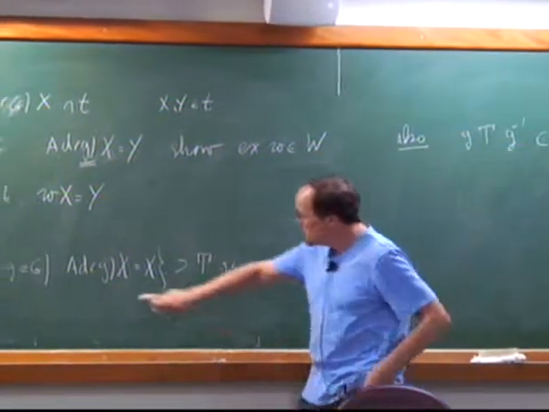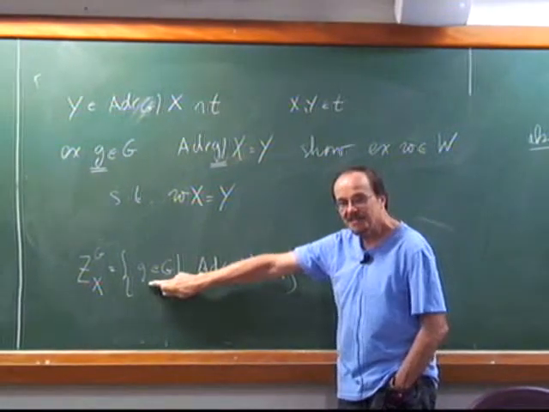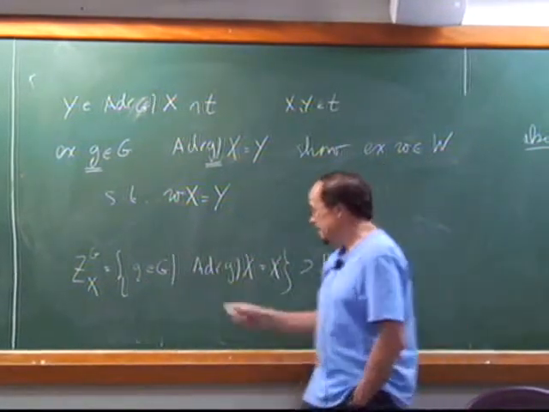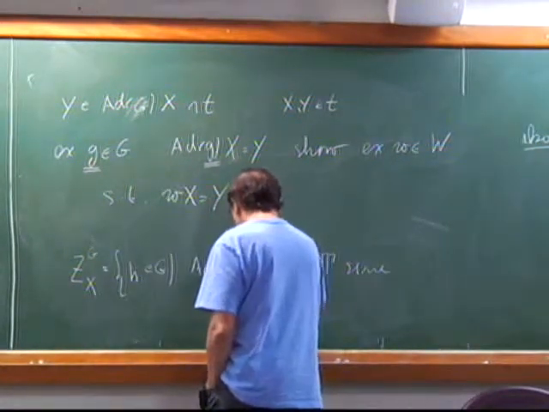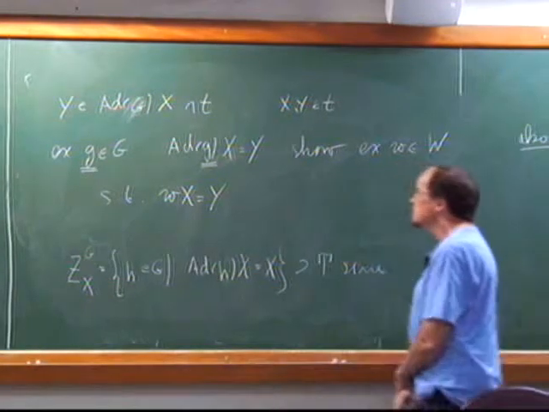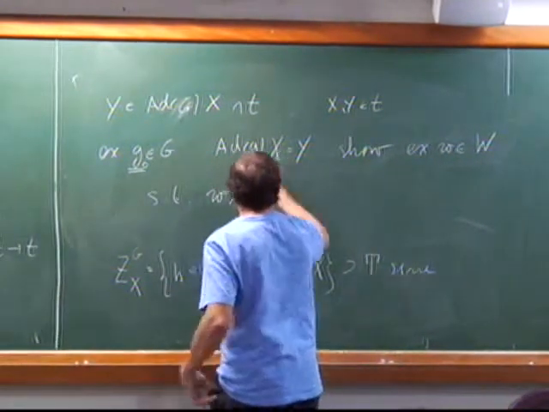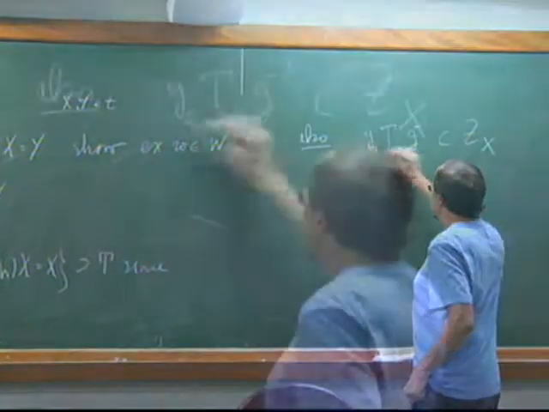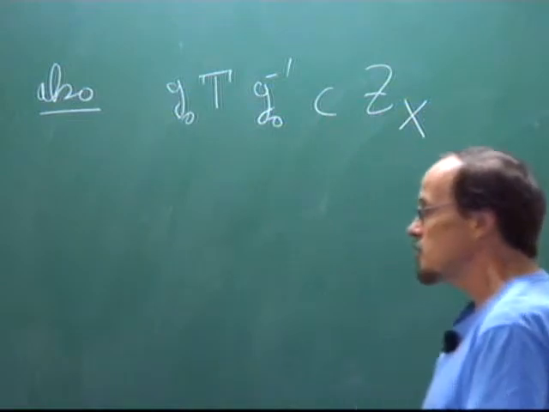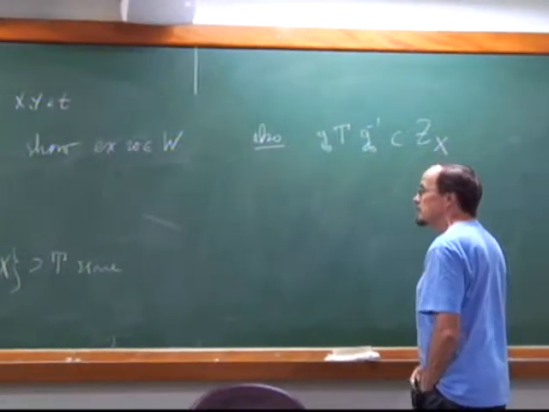Maybe this notation is a little bit unfortunate because this element g is fixed, and here I take any element in G with this property. Maybe a better notation would be h in G that takes x to x, whereas here my g is fixed. Let's call it g naught to make that clearer. So here I take the conjugate with respect to that fixed element of the maximal torus. T is already contained in there. Actually, that's also inside Zx.